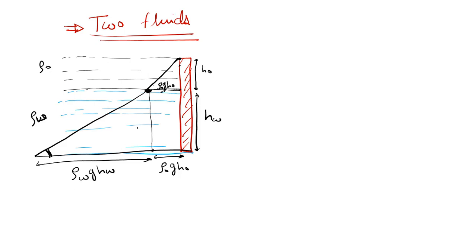We start from 0, and due to water only we are considering. The overall pressure here will be more, combined water as well as oil: rho W h W plus rho naught h naught into g. But what I have done is, this part will continue the same, and the changing factor will be only due to water. So that I have included here, and that will change this slope.